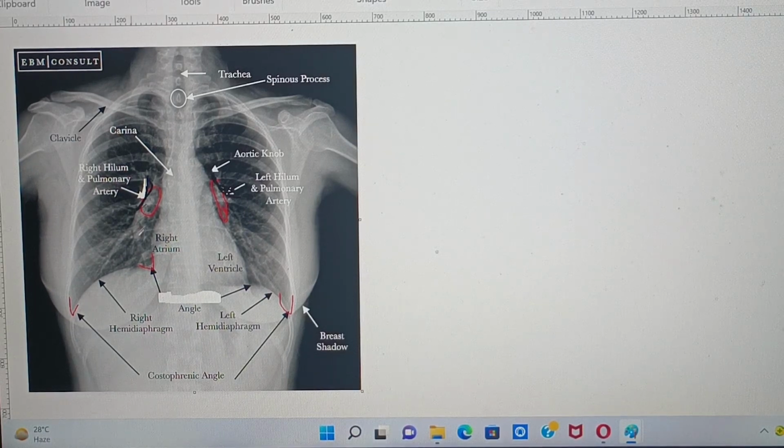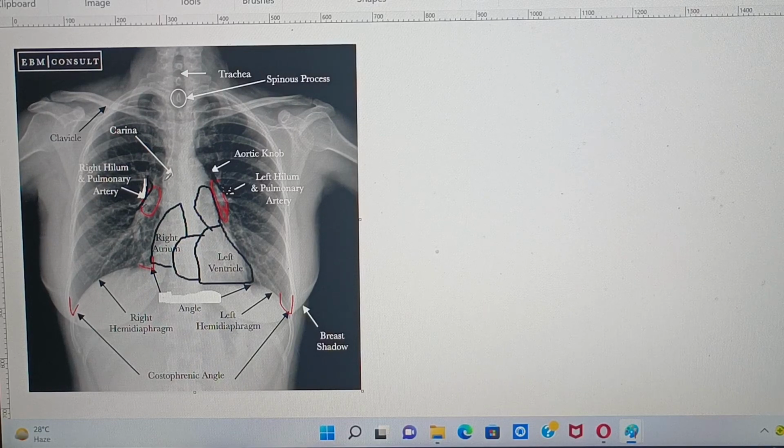Then you can see various other things, like after the hilum, the heart. Heart is important. So you can see here, this is basically the left ventricle, and this is your left atrium, and this is your right ventricle, and this is your right atrium.